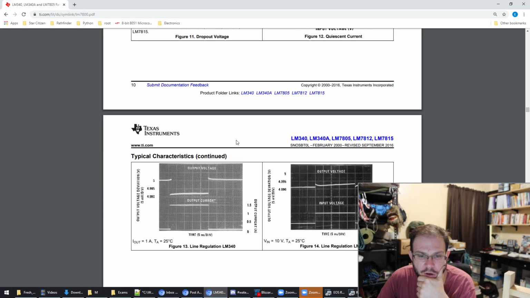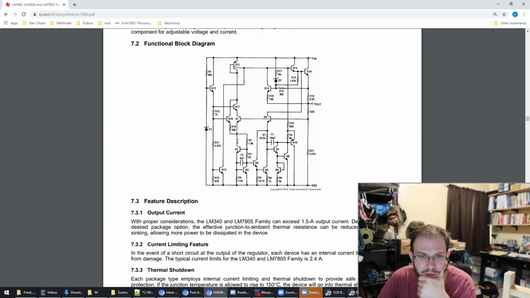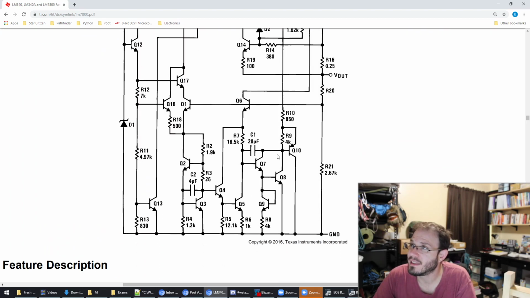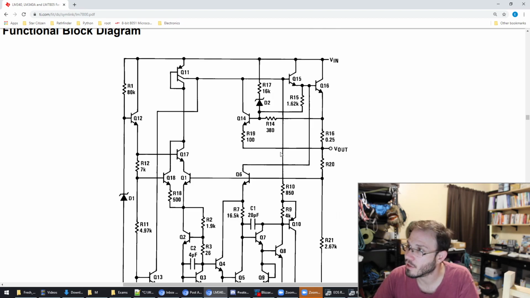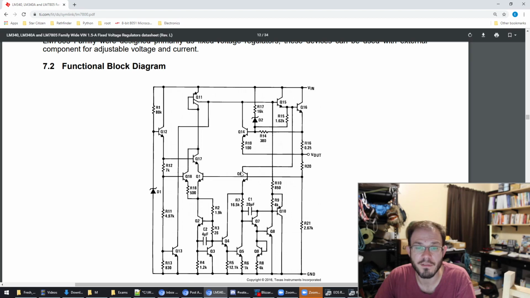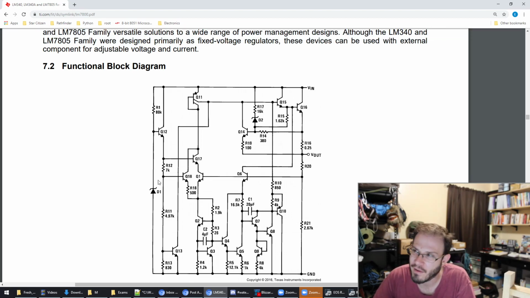But what I wanted to show you was, okay, here's a functional diagram for everything that's going on. You can see that this is actually a complicated little device. There is a good amount of circuitry that's on here. And if you wanted to know how it's going to specifically behave, you would have to reference this. Not only that, we'd have to completely understand all of this.